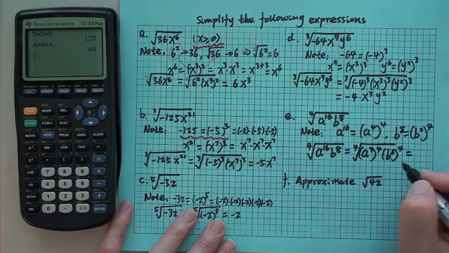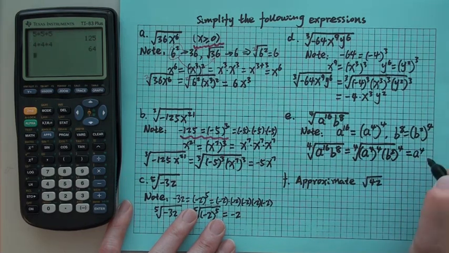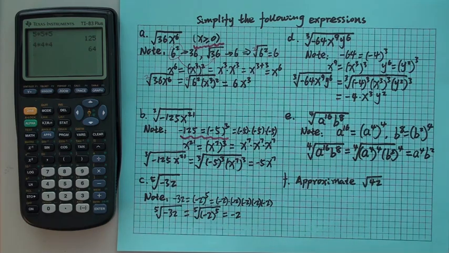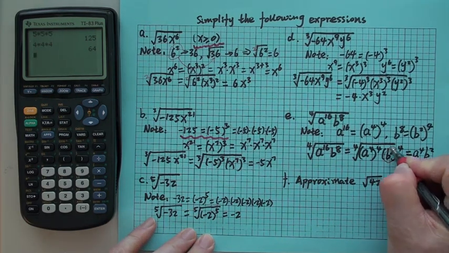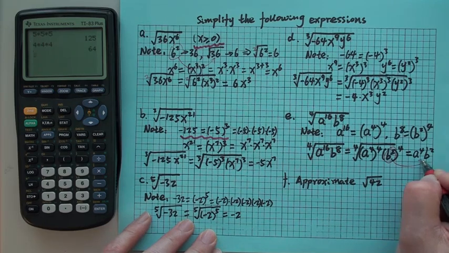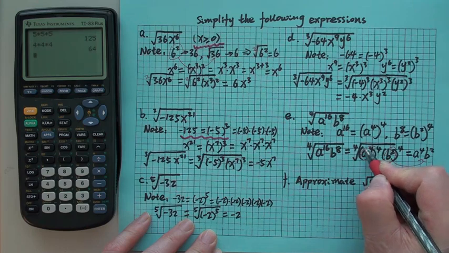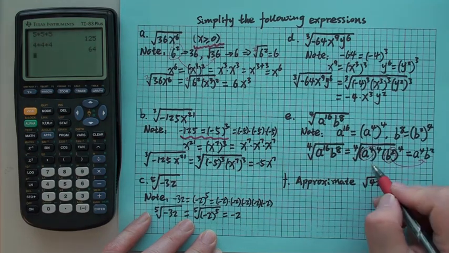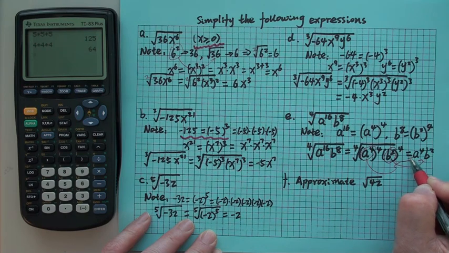So the final answer: a to the 4th, and then the following one is b squared. Basically right here you see this is b squared, so it goes there, and this is a to the 4th, and that goes there.